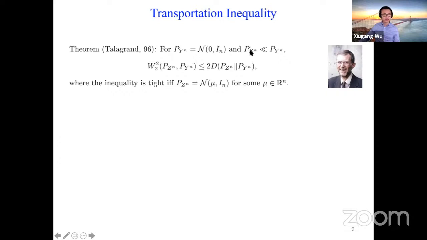A very rough interpretation of this notation is that if on a specific interval this has no measure, then P_Z^n cannot be chosen to have measure on that interval.